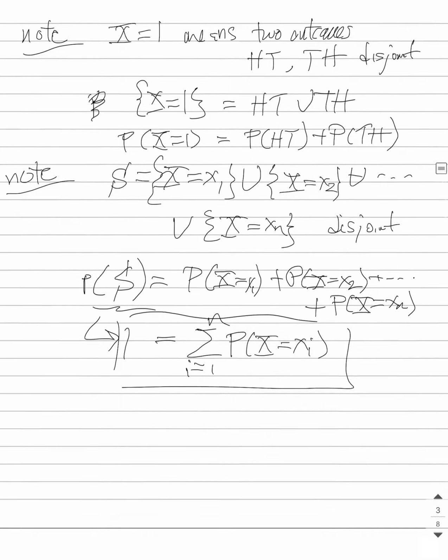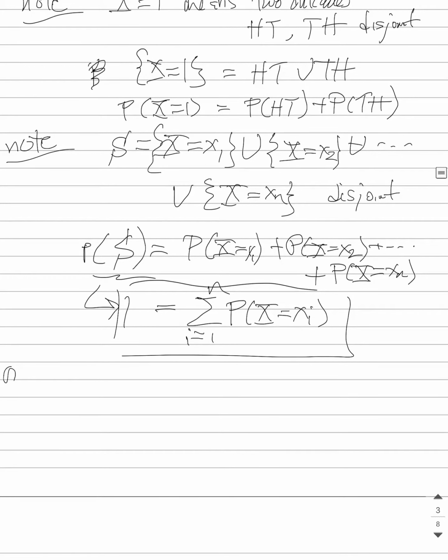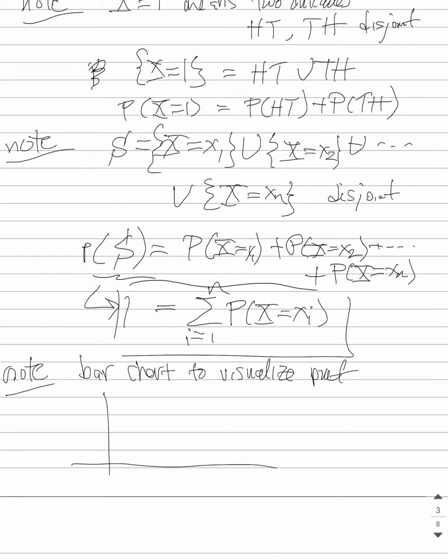A better way of putting it is that we could also use a bar chart to visualize the mass function. So a bar chart is a very simple and easy way to see what's going on in our experiment. In this particular case, there are only 3 outcomes.